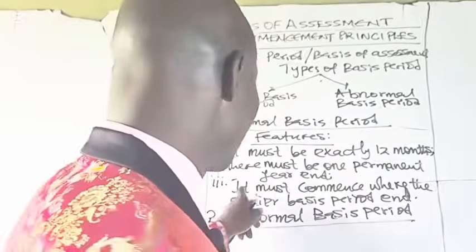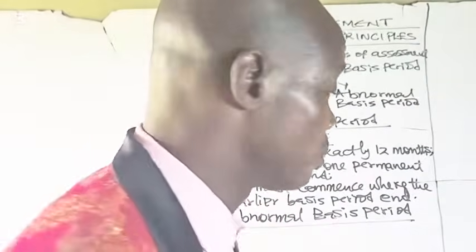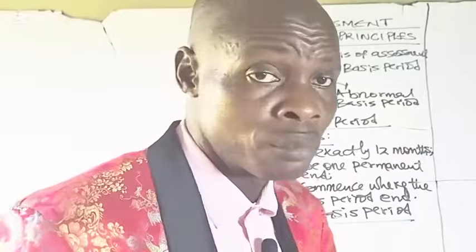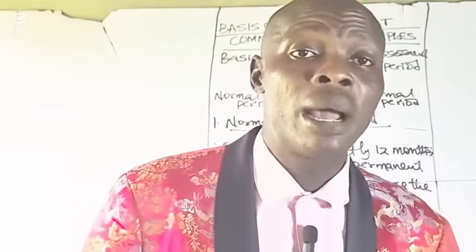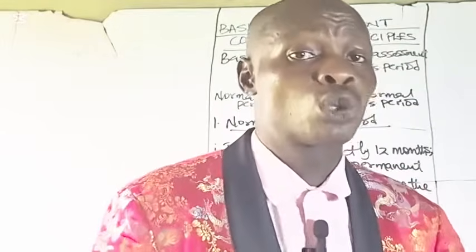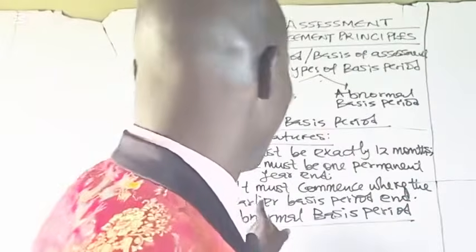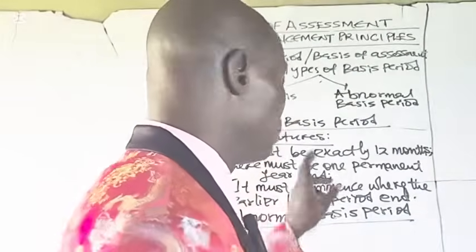That does not meet the condition of a normal basis period. Of course, during a change in accounting date, the entity might prepare an account for maybe 15 months, 18 months, 20 months or so. That deviates from what is said to be normal.